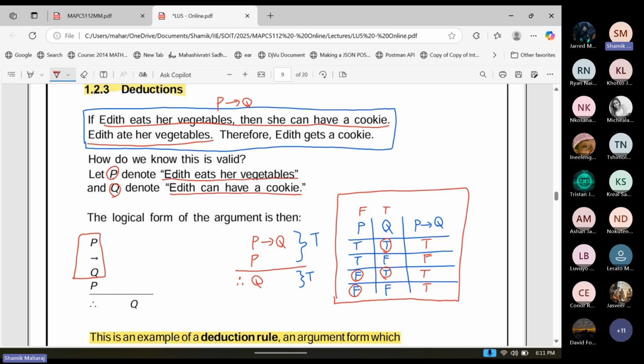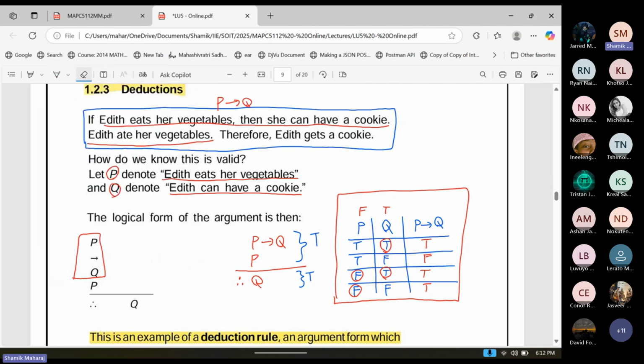Okay, so this is what we need to use to check whether the deduction rule is valid. And it's valid again if whenever both the premises are true, or however many premises we have, if all the premises are true, then we also want to see that the conclusion is true. So we just need to identify which is which here.